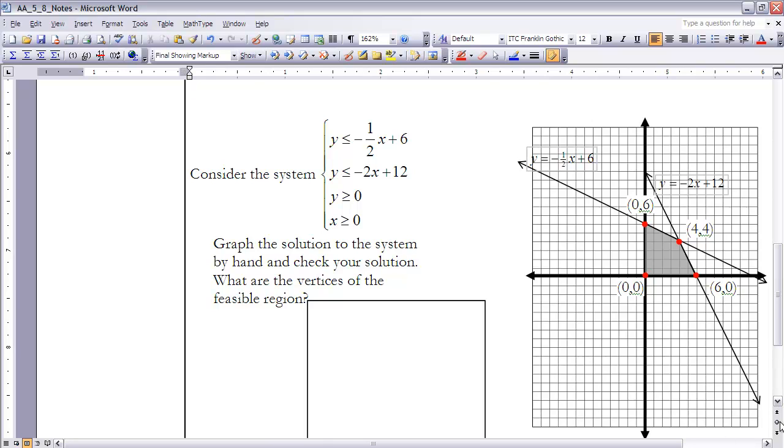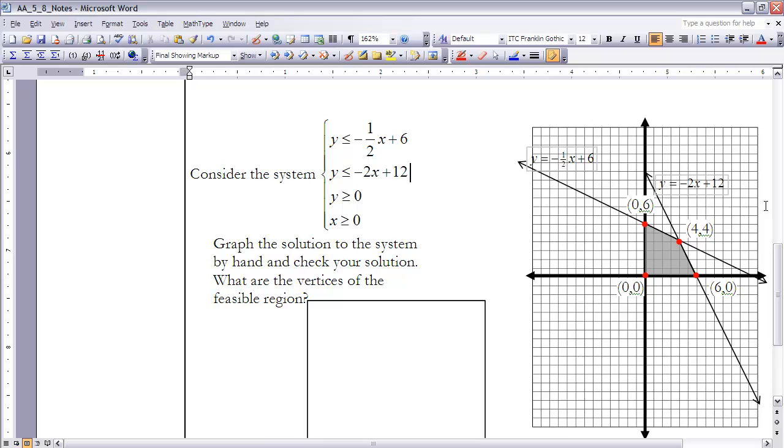So that means if I'm satisfying all of those things, this gray area here would represent the feasible region for that system of inequalities.